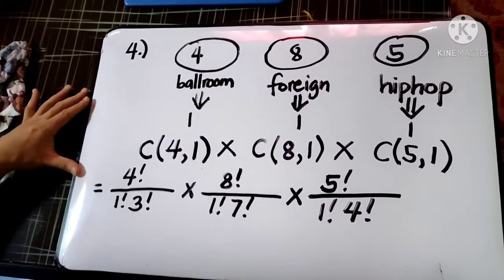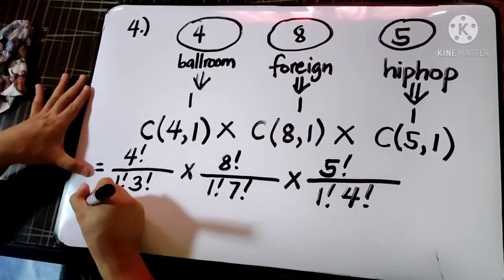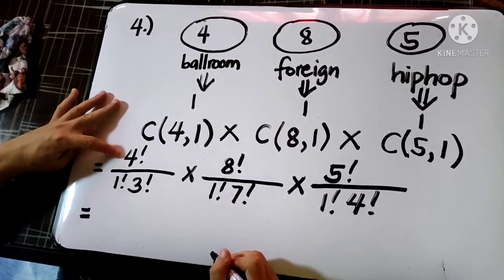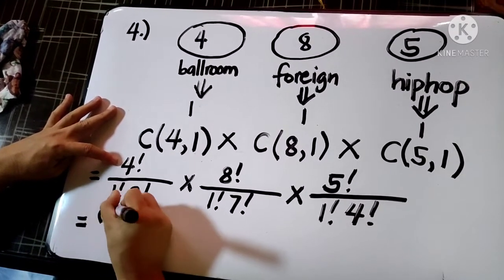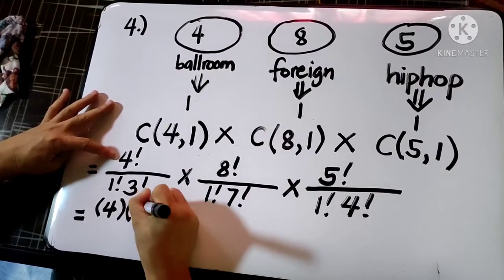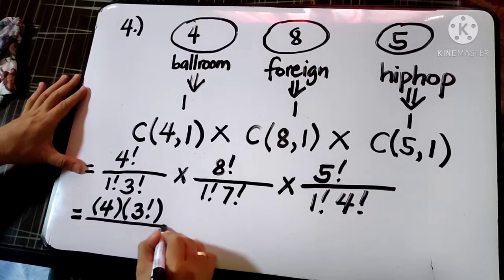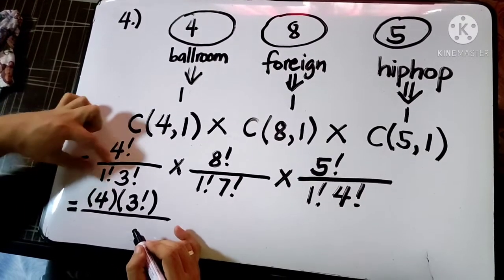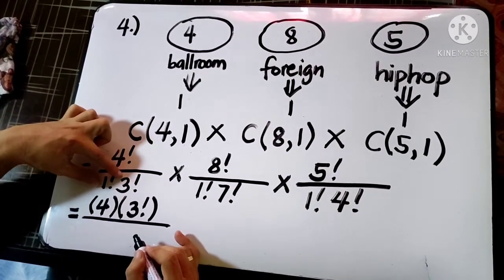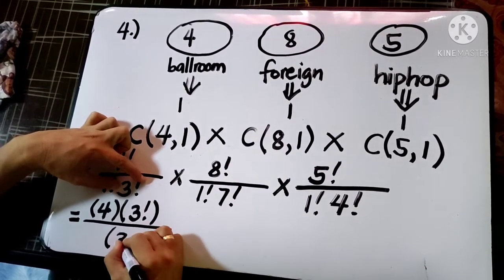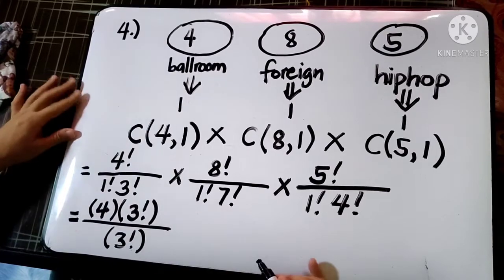So, to simplify it further, you need to extend the factorials. And 4 factorial becomes 4 times 3 factorial over 1 factorial. 1 factorial is 1, so you may not write 1. Then copy 3 factorial.